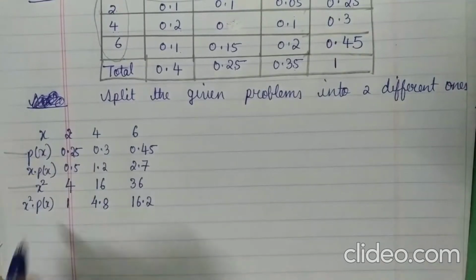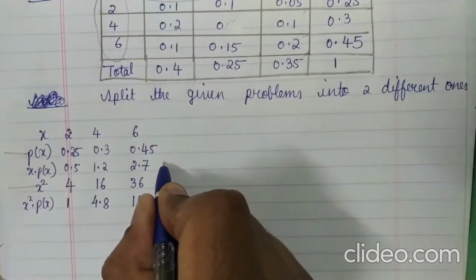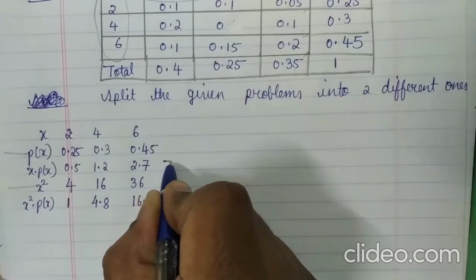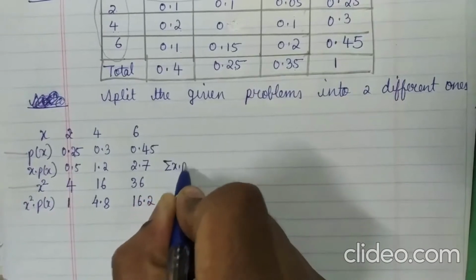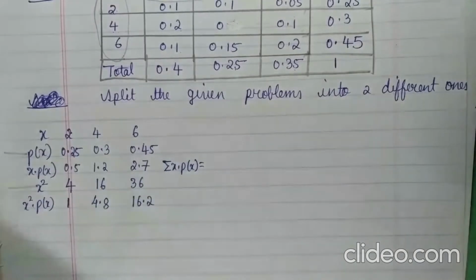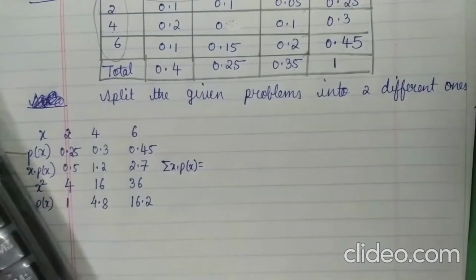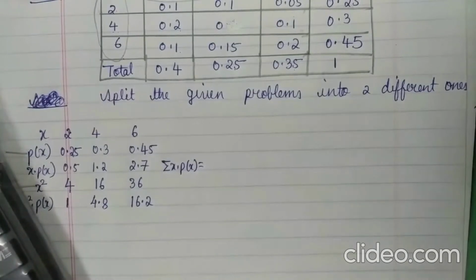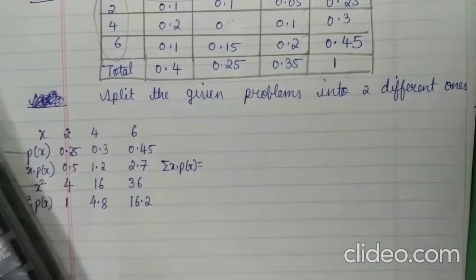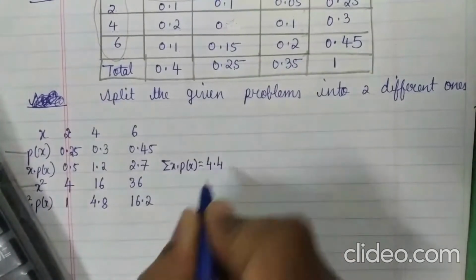Then x square p of x you have got. So what will be your expected value of x? You have to find out this summation. Summation of x into p of x: add up this, you will get 0.5 plus 1.2 plus 2.7, which is equal to 4.4.